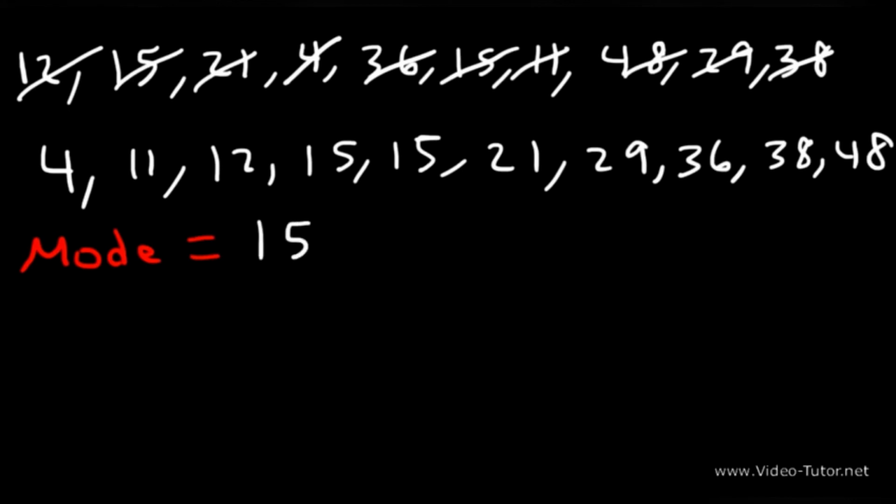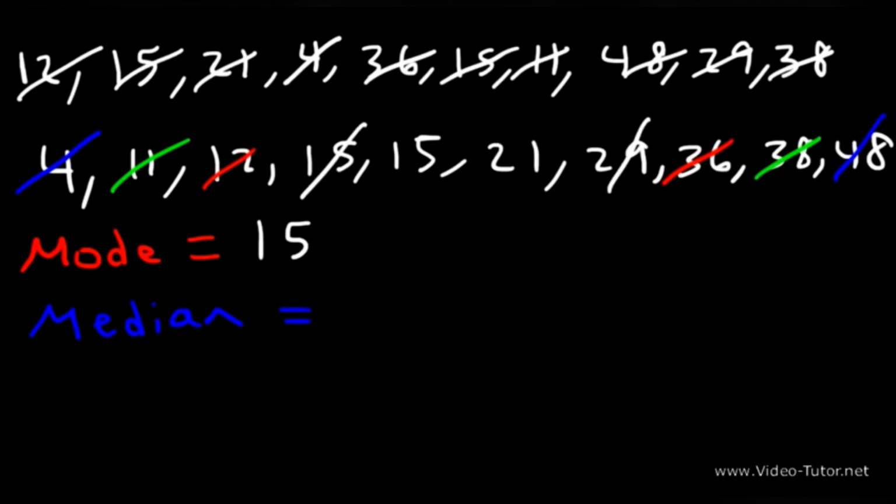Now to find the median, we need to calculate the middle number. What do you think the middle number is going to be? Well, we can eliminate 4 and 48. Next, we can get rid of 11 and 38. And then 12 and 36, and then 15 and 29. So at this point, we're left with 2 numbers in the middle.